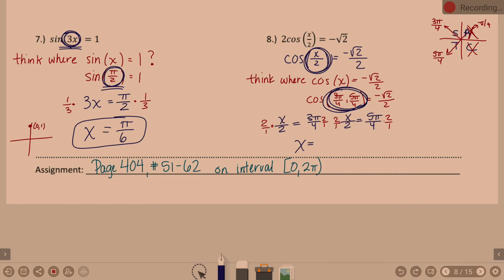But 6 pi over 4 reduces to 3 pi over 2. Or I would have cross-canceled the 2 and 4, become 1 and 2, so 3 pi over 2. And 5 pi over 4 times 2 does become 10 pi over 4, but it reduces to be 5 pi over 2. So you actually get two answers there.